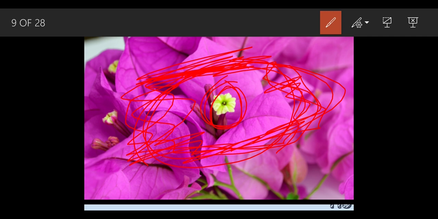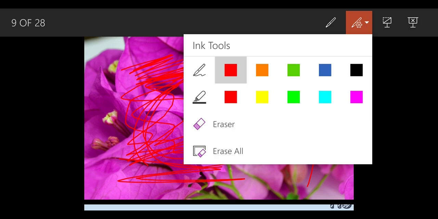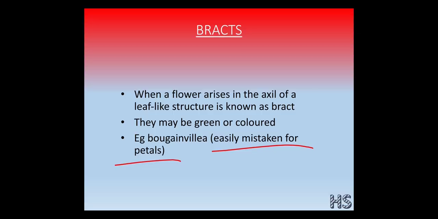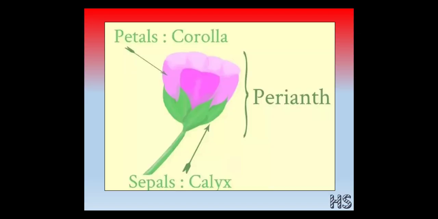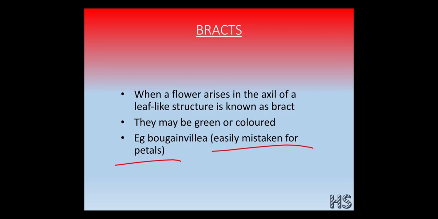So that they can fool the insects, because the insects think this bright colored part is the flower, so they get easily mistaken. So we have done, they may be green or colored in nature.